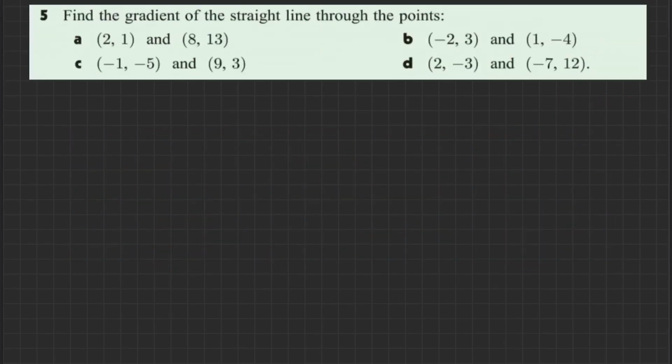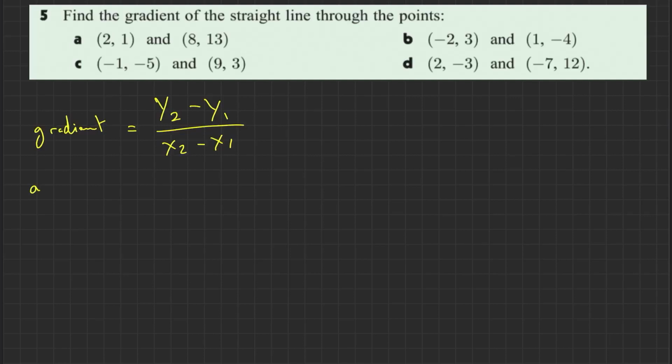Okay, question 5 says find the gradient of the straight line through the points. These are the points. Make sure you pause the video here and you try to answer these questions in the comment section. So for all these questions, we're going to be using the formula y2 minus y1 over x2 minus x1. That's going to give us the gradient. Okay, so let's do this.